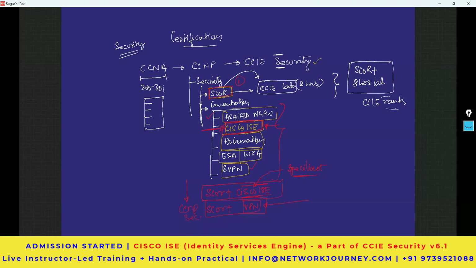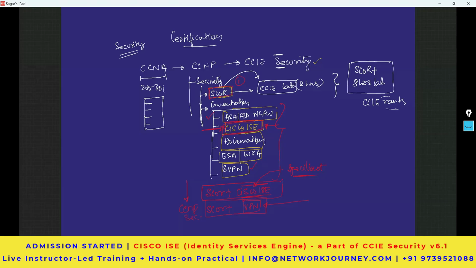The very older traditional certificate that we used to have: routing, switching, security, and then you go to the CCNP level, you had three papers like routing, switching, troubleshooting. The CCIE used to have different papers like a written paper and a lab paper. Now there is a bridge between CCNP and the CCIE lab.